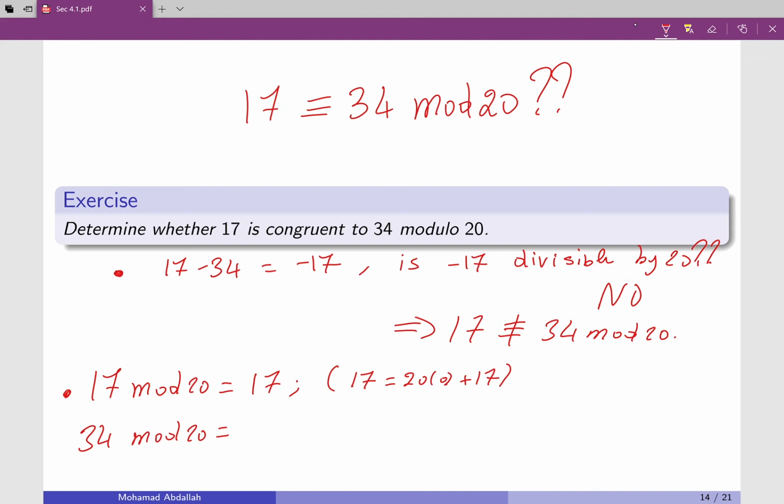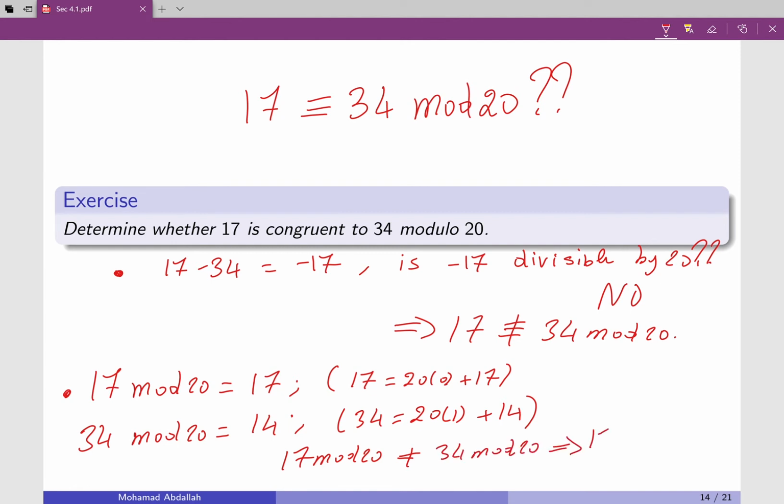Now for 34 modulo 20, this is actually 14, because 34 is equal to 20 times 1 plus 14. So clearly here, 17 mod 20 is not equal to 34 mod 20. As a result, 17 is not congruent to 34 mod 20.